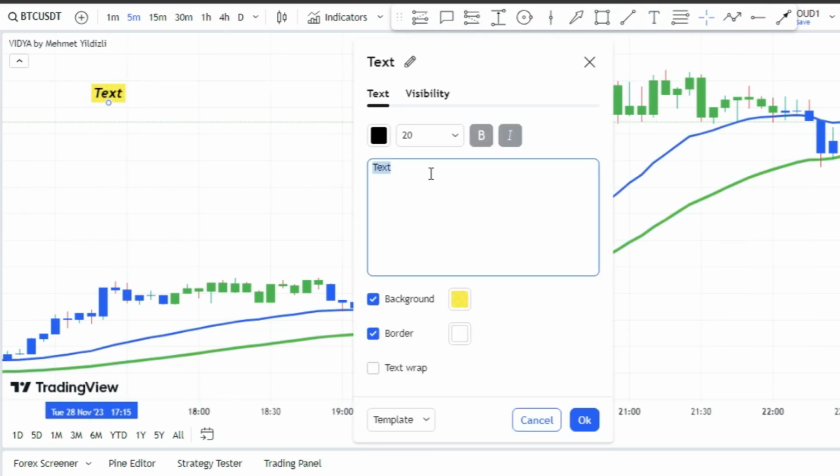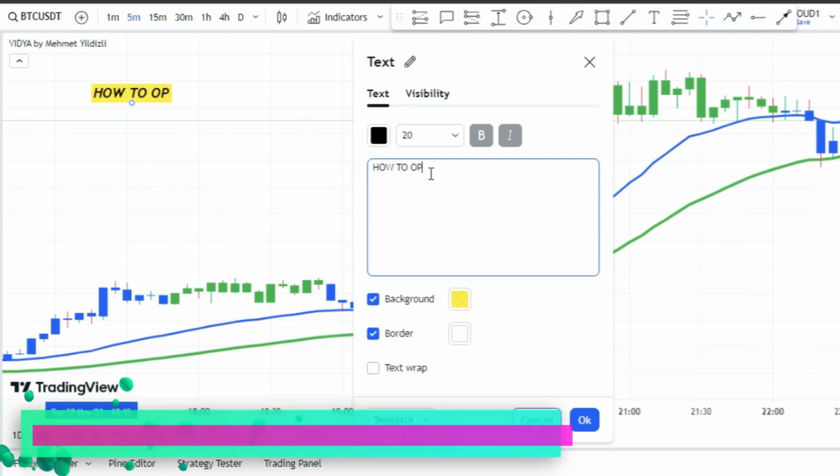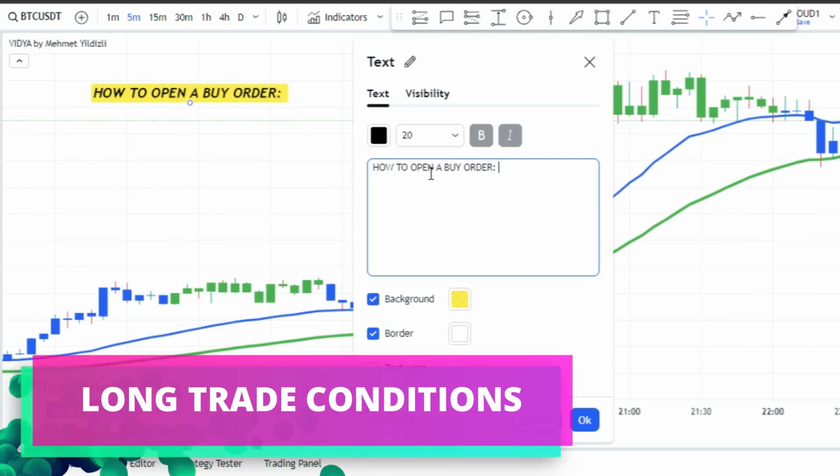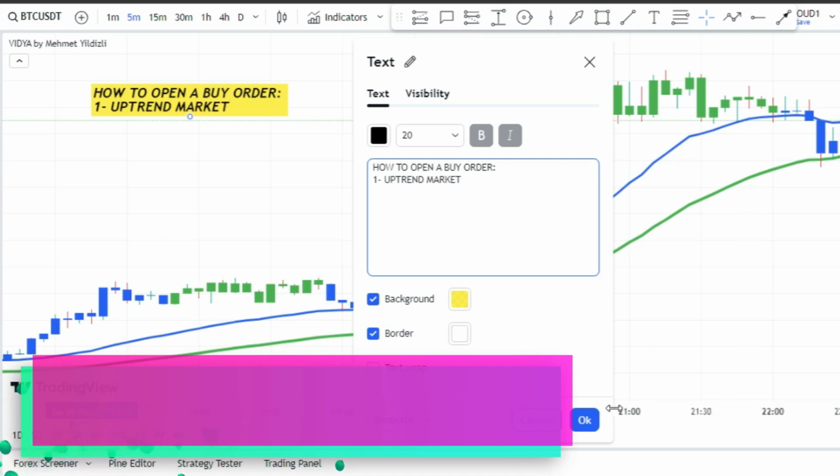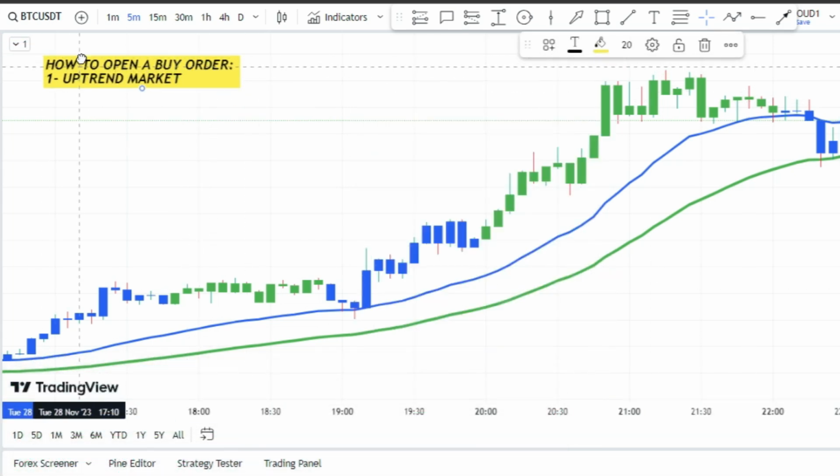Great! Let's break it down into simple steps. For a buy trade, we first need to see an upward trend. This means the blue line should be sitting pretty above the green line, and the price should be strutting its stuff above both these lines.